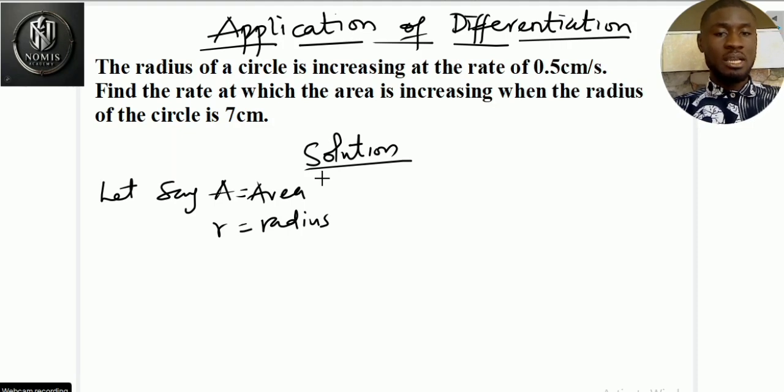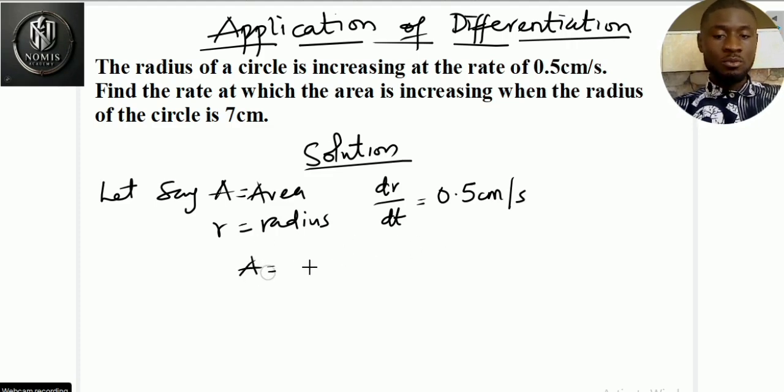So what is dr/dt? The dr/dt is 0.5 centimeter per second. The dr/dt, that is the change in r over the change in t, is equal to 0.5 centimeter per second.